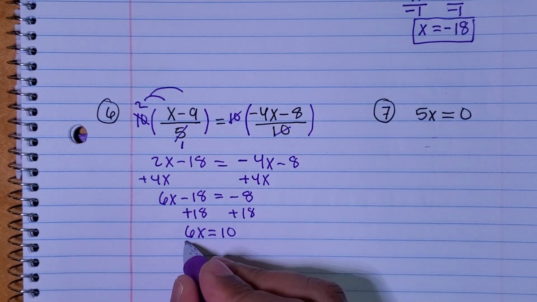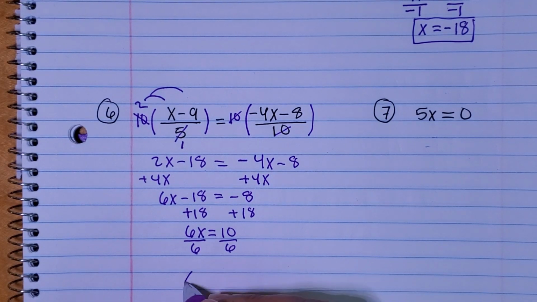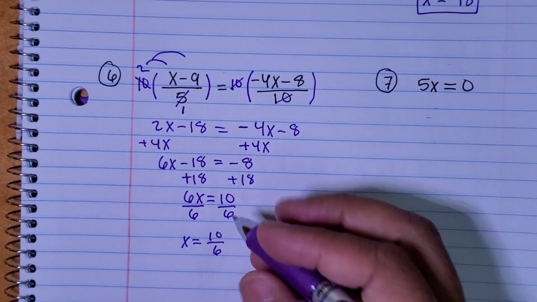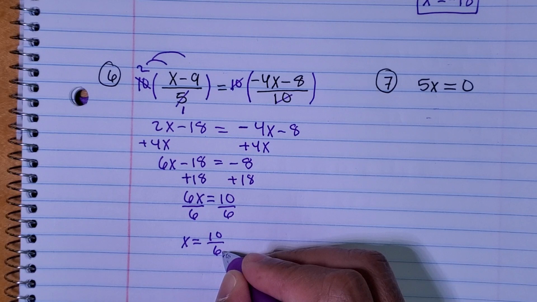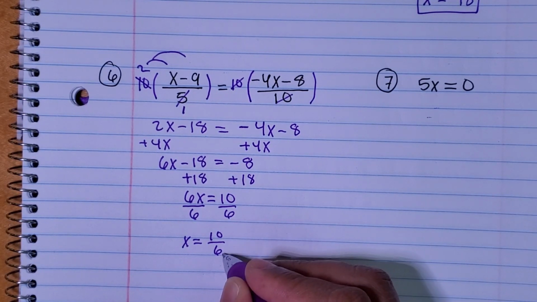Next step will be divide by 6. Okay, so then we have that x equals 10 over 6. But remember your answers have to be in simplest form. So I know that 2 goes into 10 5 times, and 2 goes into 6 3 times.